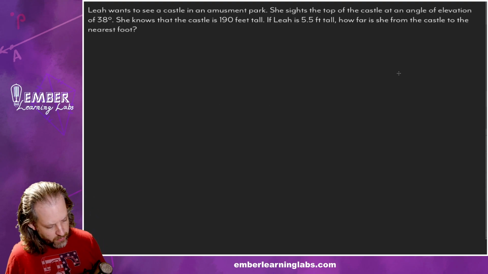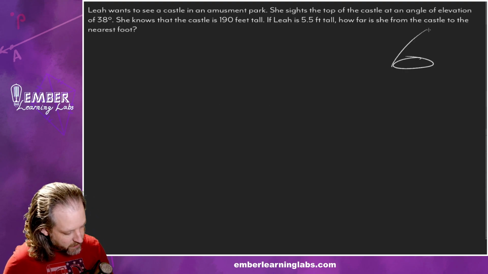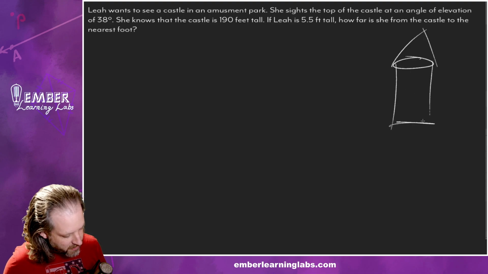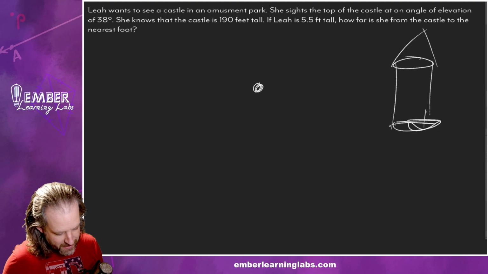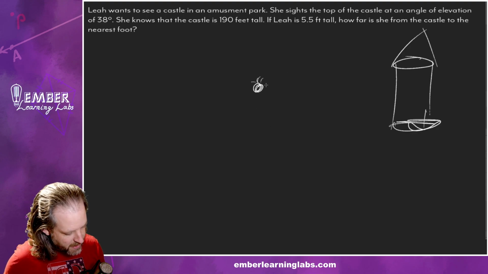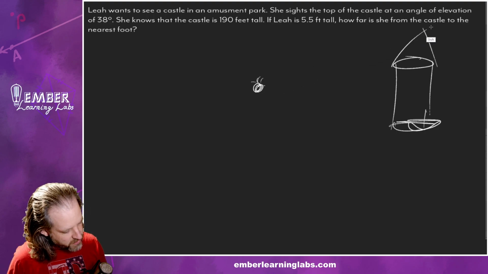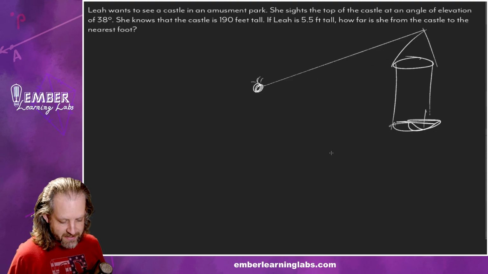So we've got a castle of some sort. There it is. So cute. Big old tower on the castle and whatever else. We've got Leah down here with her little pigtails, and she's looking to the top and sighting to the top of the castle.